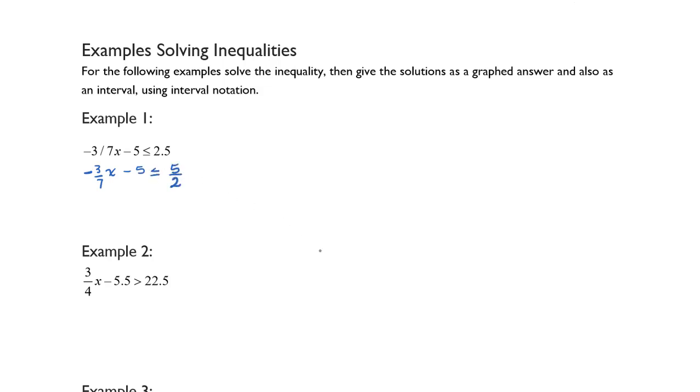I converted that 2.5 to 5 halves, and then I can see a 7 and a 2, and technically the 5 has a 1 as a denominator. My LCD, my least common denominator, would be 14. And so I can multiply both sides of this inequality by 14 to clear my fractions.